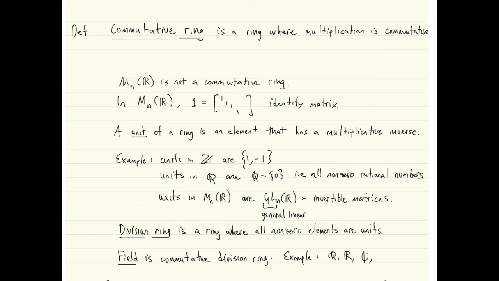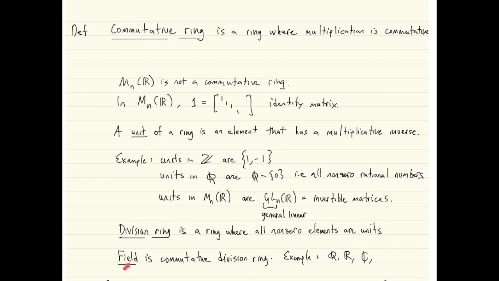Okay, then the units in the ring of matrices are the invertible matrices. That's the general linear group. A division ring is a ring where all non-zero elements are units. In other words, you can divide by any non-zero element, so that's why it's called a division ring.